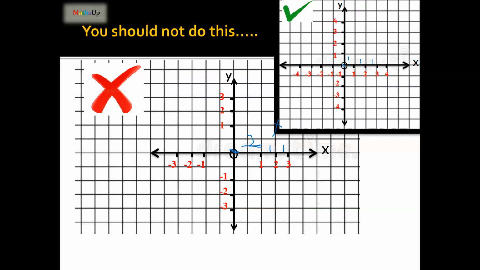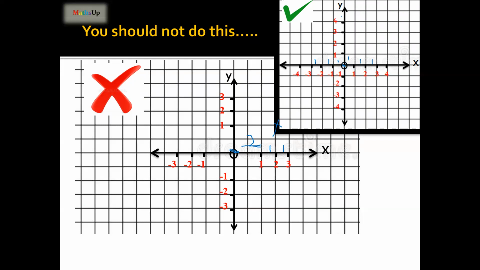So that is correct. From 0 to -1, 1 square gap, and -1 to -2, again 1 square gap, -2 to -3, again 1 square gap. Like that, it has maintained equal gaps between two numbers.